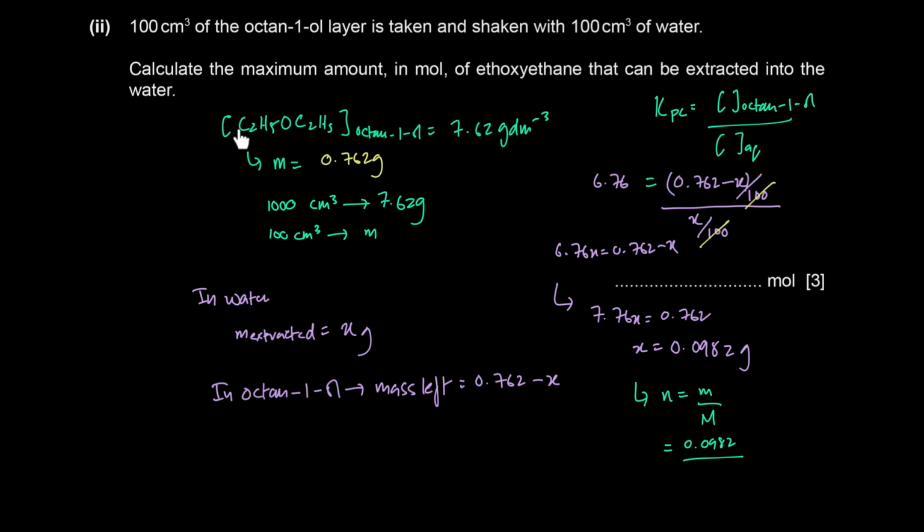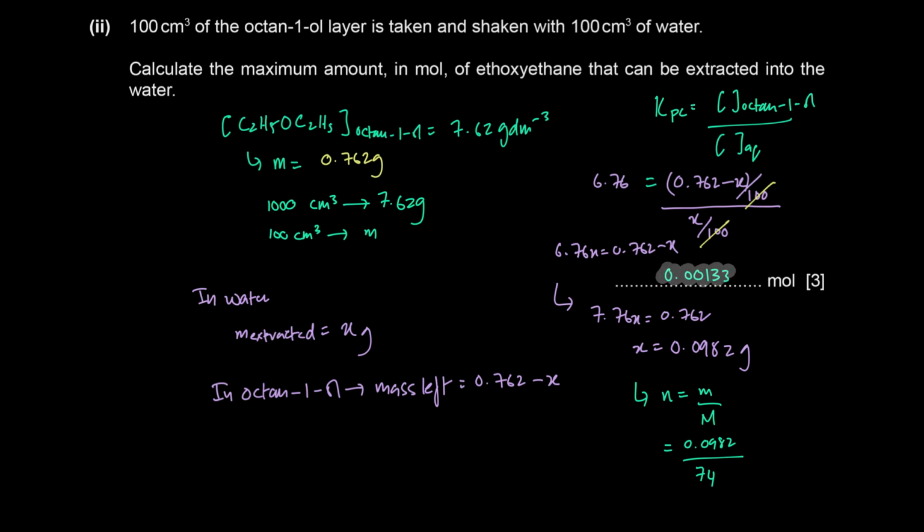So C2H5 over here is 24 plus 5, 29, times 2 is 58, plus 16. So that's 74. So what's the number of moles that we would have in the aqueous layer? Over here we get 0.00133 moles. Okay, this is our answer here.